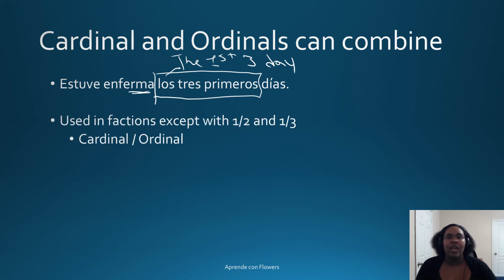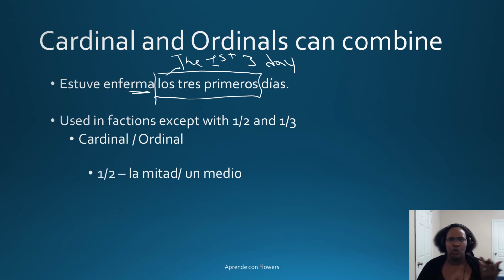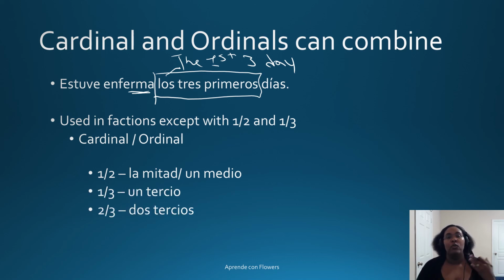Okay? Now, when it comes to fractions, if you're not talking about a half or a third, you use the ordinal. And again, keep this ingrained in your brain. We always put cardinal in front of ordinal. So when we're looking at 1/2, we say la mitad or un medio. Okay? 2 different ways to say the same thing. When it comes to a third, we're not going to say un tercero. That's just, it's not going to work.